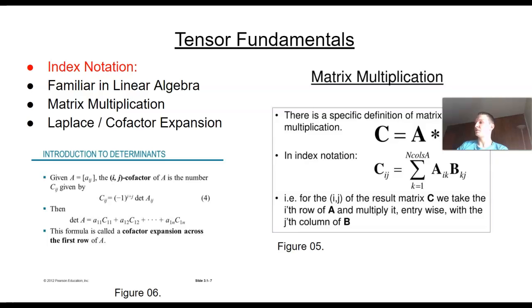Also, the dot product of two vectors can be represented in a similar way. You can go from k equals 1 to the number of columns of A and then multiply A, ki, and B, kj components of each vector in the lower index.